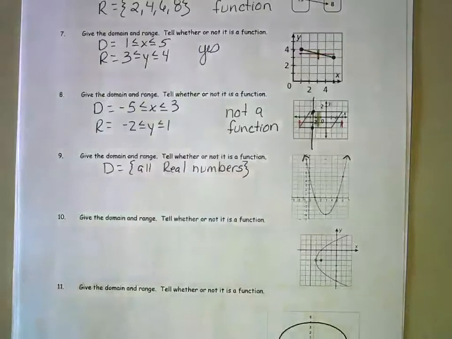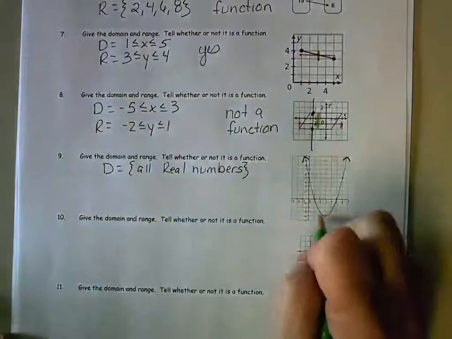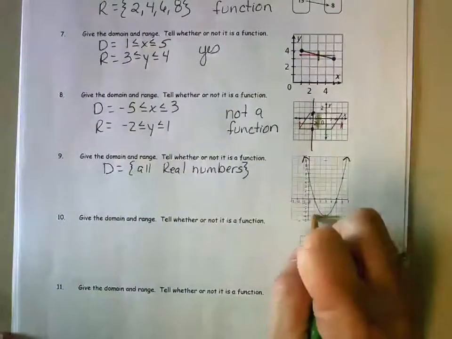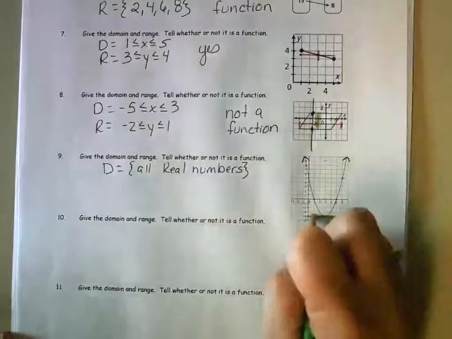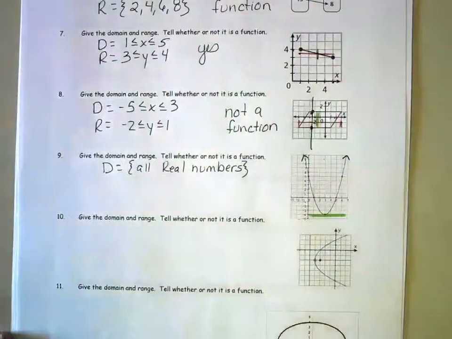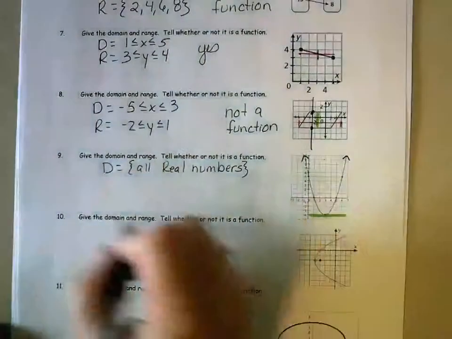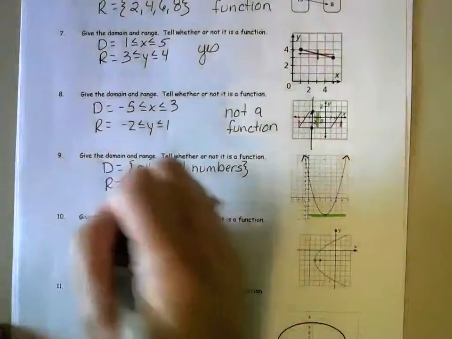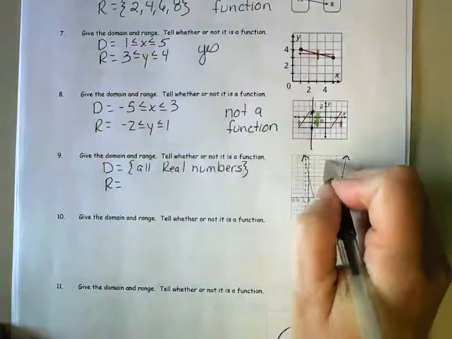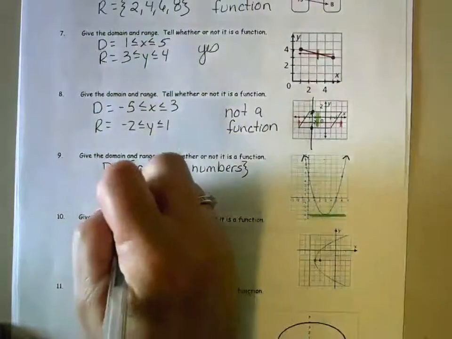Now our range is our top to bottom, and we have a lower boundary here. It's the lowest point on that graph, which is -4, and then it goes up. All of those numbers are above -4.